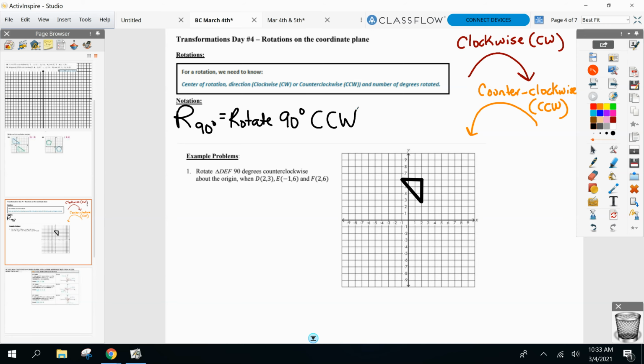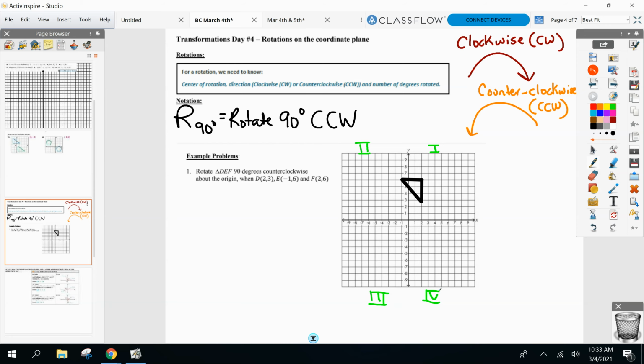Where it comes from, honors kids, you guys know your quadrants at all? Where 1, 2, 3, 4 are? Where's 1? Top right. Where's 2? Top left. Do you see what type of direction they're going in? Your quadrants are labeled in a counterclockwise direction. So that's the way we rotate when it's positive.